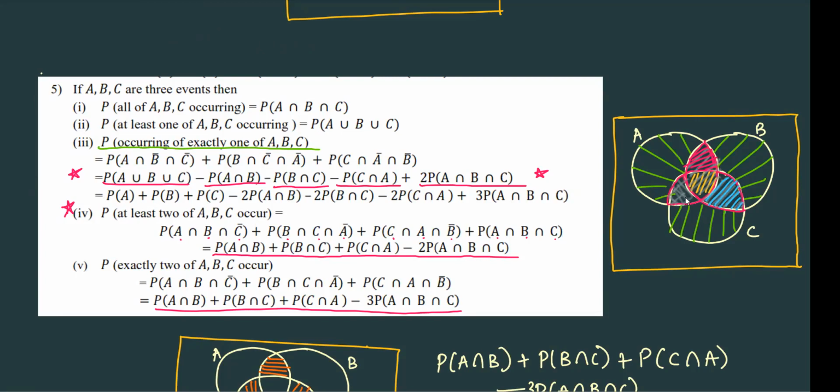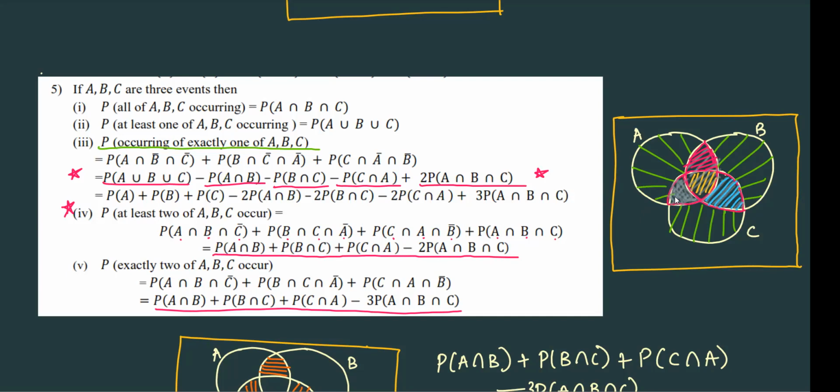A and C, but not B. So this is this region, A and C, but not B. Okay. And A, B, and C, all three occurring simultaneously. So at least two occurring means either two occur or three occur. So I want this region.